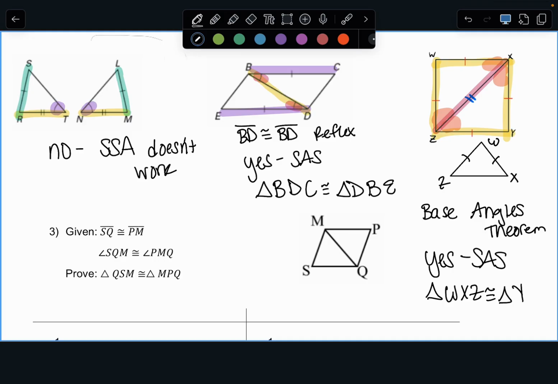X can go with Z, or X can go with X. It does not matter. We'll stick with that. So Y, Z, X for your other triangle. So again, all we're doing is checking if we have a side angle side situation. Questions on that one?